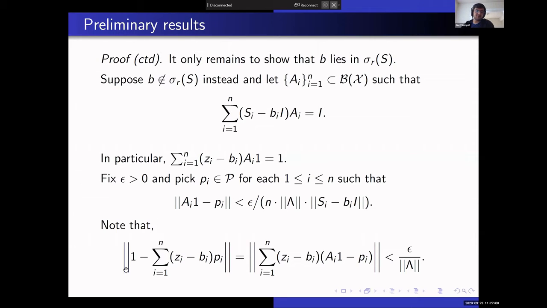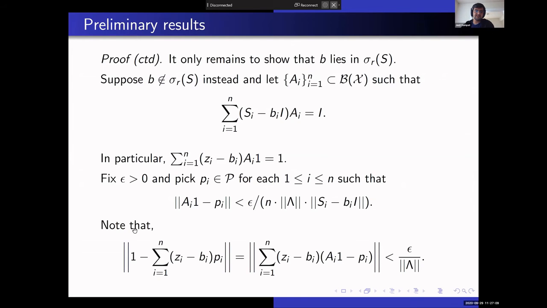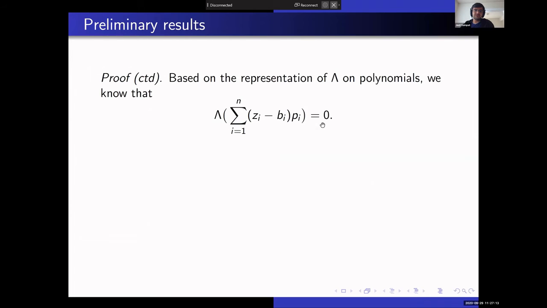Now what I'm going to do is apply my functional lambda on this and obtain the contradiction. How so? Well, first note that this approximation for the function 1 evaluates to 0 under lambda just by the representation, because when I plug in b for this polynomial, all of these z_i's are going to turn into b_i's and I get 0.